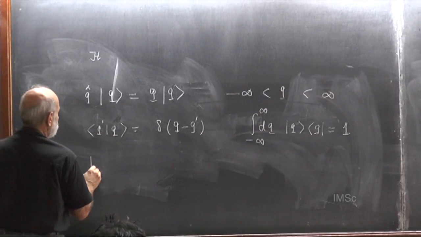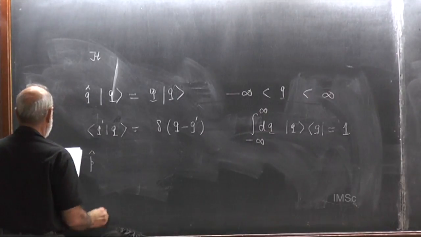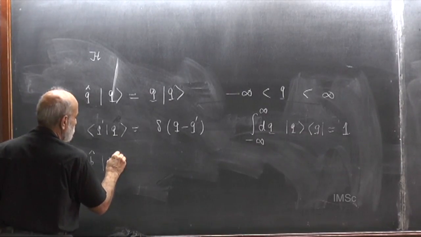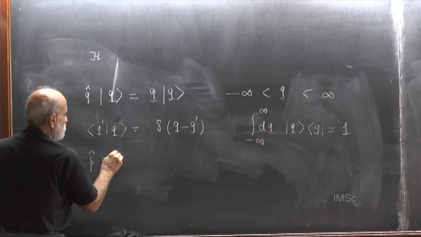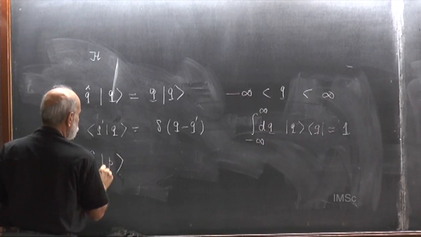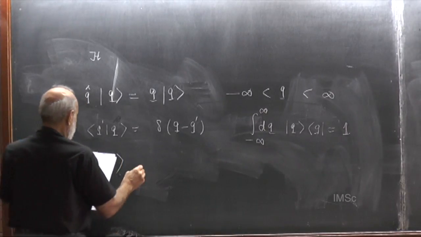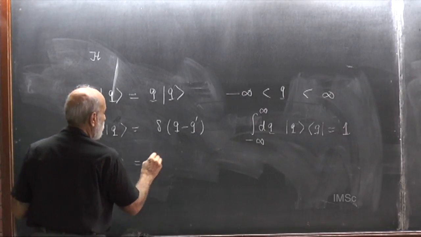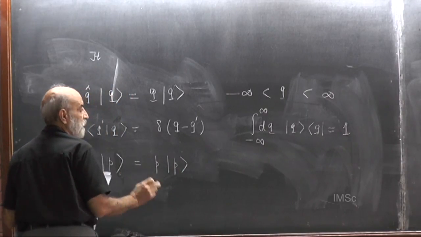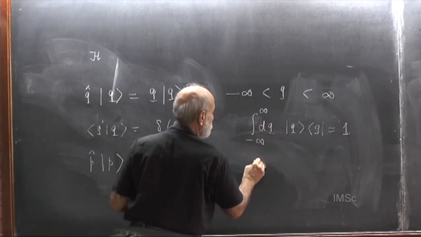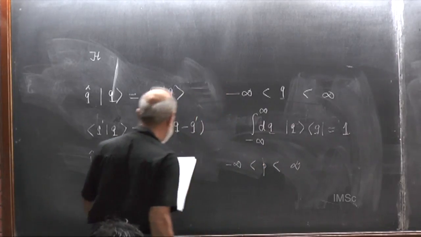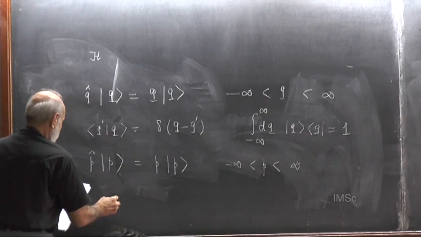Then, of course, we have the momentum operator, and I should ideally use a different notation, but I will continue to use this ket here. These are eigenstates of the momentum operator labeled by a number which we call the momentum p, taking values from minus infinity to plus infinity.